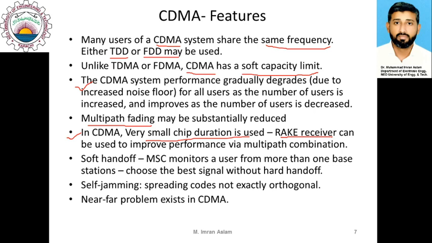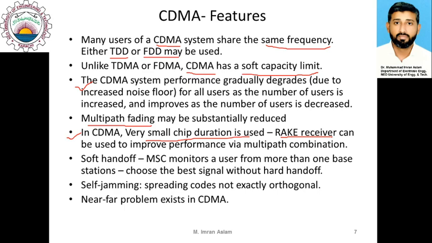So sometimes we use a rake receiver. You can think of a rake receiver as multiple receivers arranged in a fashion that each receiver recovers different multipath components, and later on we can combine those signals to get a better quality signal.